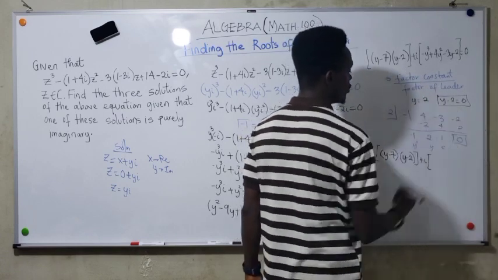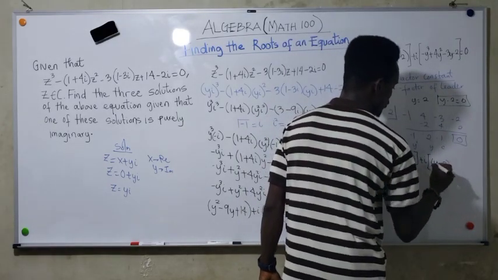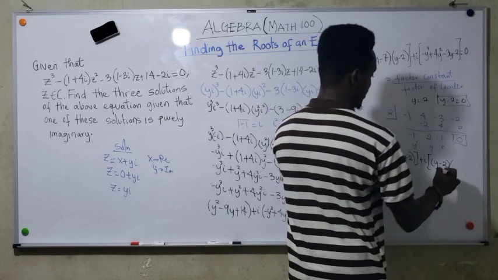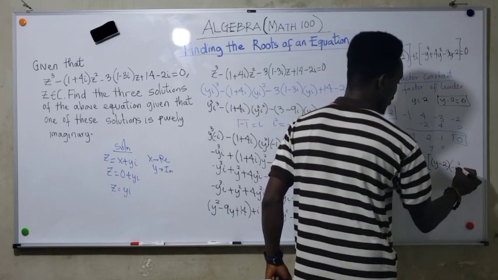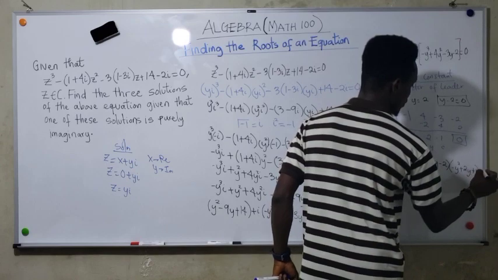Our first factor here was y minus 2, and our remaining factor is minus y squared plus 2y plus 1, equal to 0.